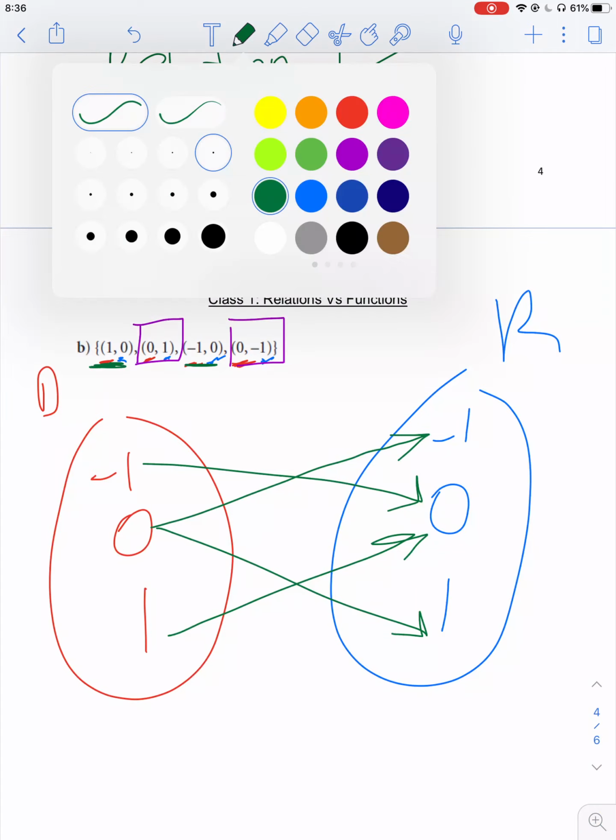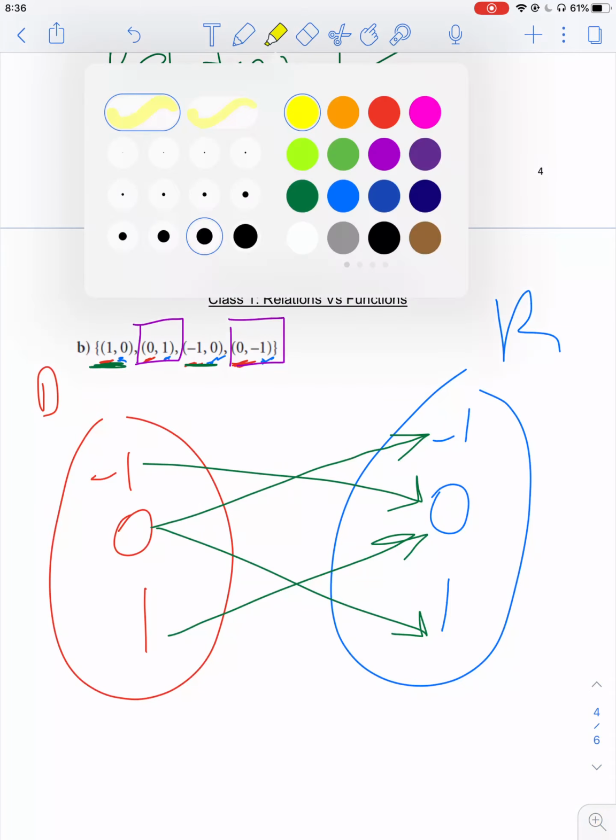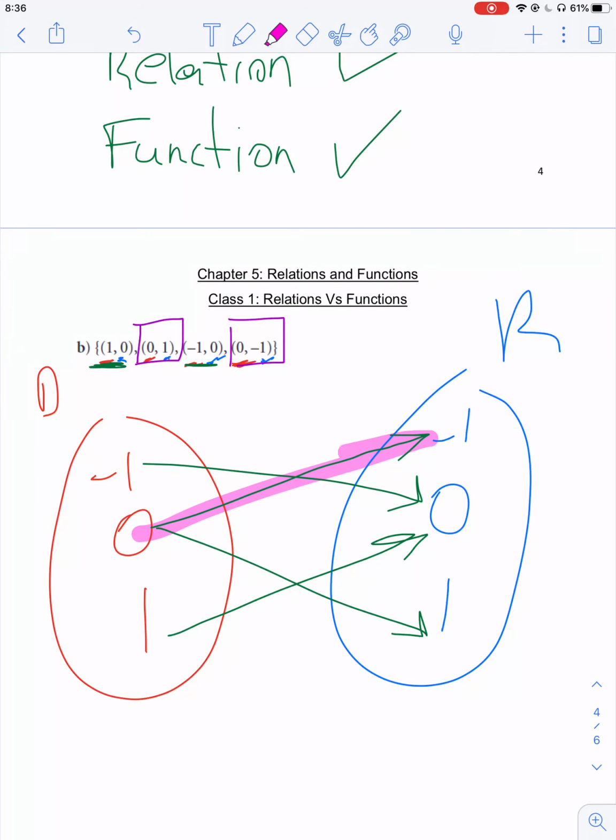Okay, so I'm gonna highlight this in pink. Okay, so this is a problem because this is kind of like if I said student 0 obtained two different grades on a test. He got a grade of -1 and also a grade of 1. Okay, so I know grade of -1 doesn't really make sense, but what I'm trying to show you is that this cannot happen.